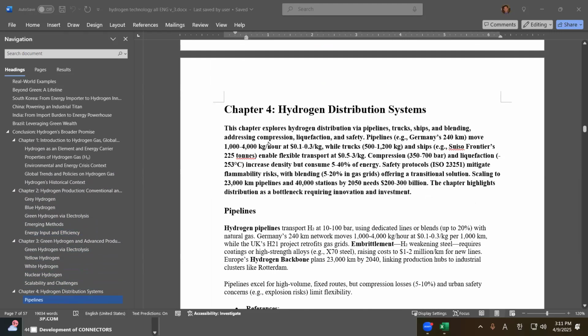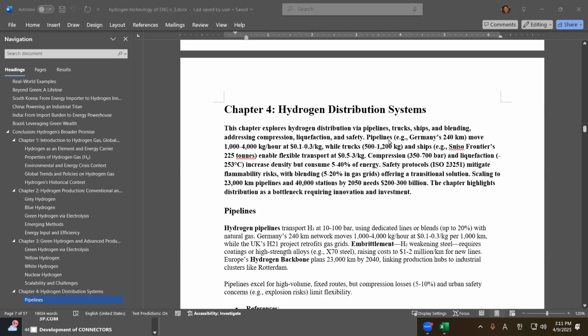Let me read the abstract of this chapter 4. This chapter explores hydrogen distribution via pipelines, trucks, ships, and blending, addressing compression, liquefaction, and safety.